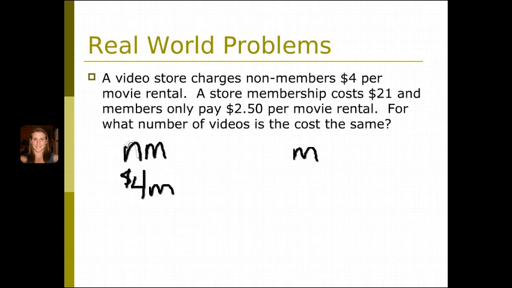We're trying to find where our non-members and our members are the same, so we need to set them equal. Well, members have to pay a membership fee of $21, and they're still charged $2.50 per movie. So now we've got to solve for M.